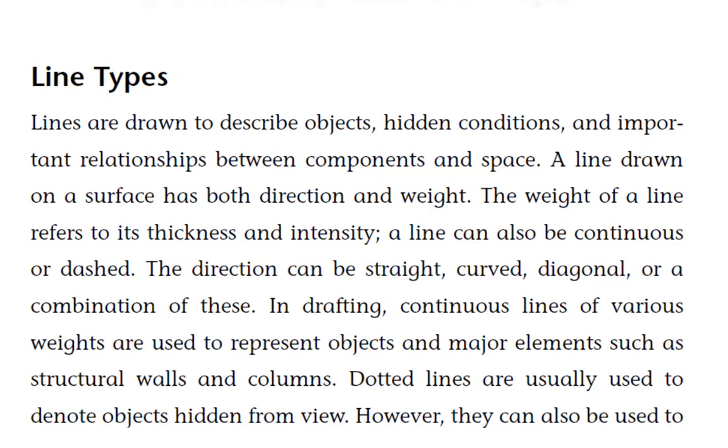So these are some examples about types of lines, and we've explained how we are going to come out with a view template. We said that in drafting, continuous lines of various weights are used to represent an object line. So before we can create a view template of ours, the view template is going to be the lines or the elements which you want to use.